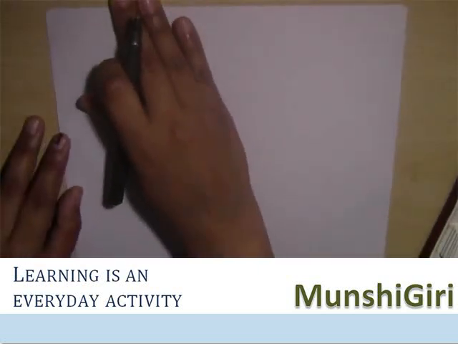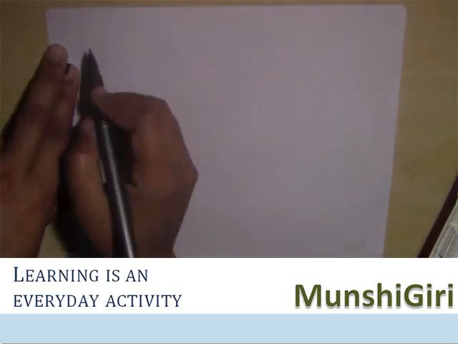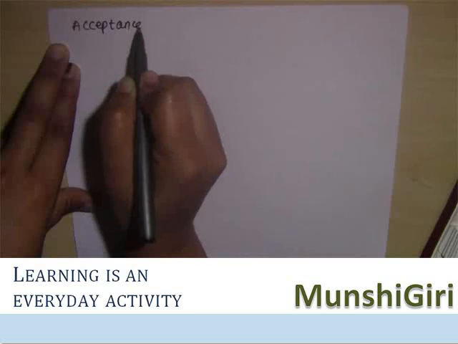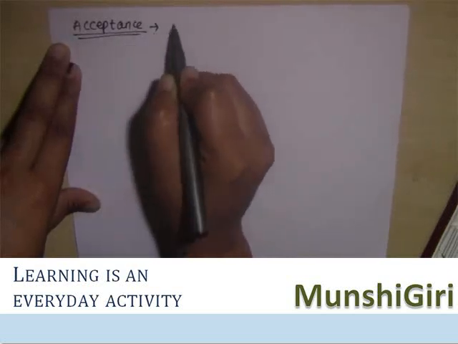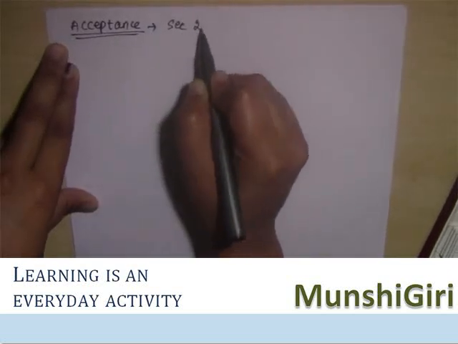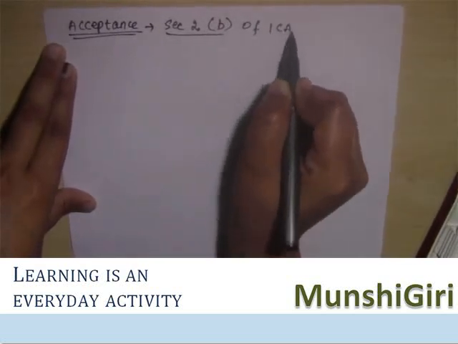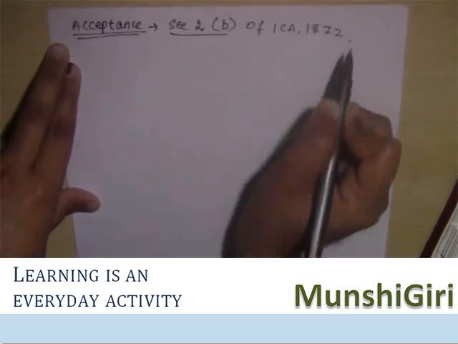Alright, we have acceptance. Acceptance has been covered under Section 2 Clause B of Indian Contract Act 1872.